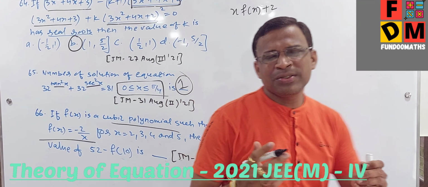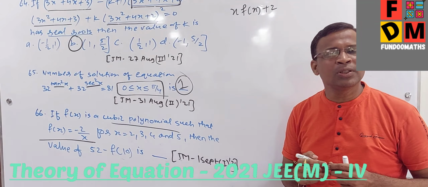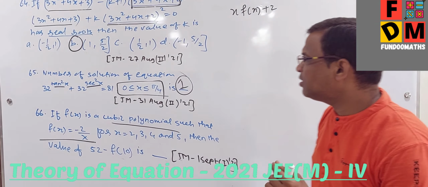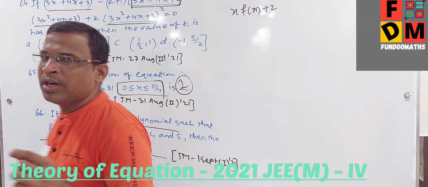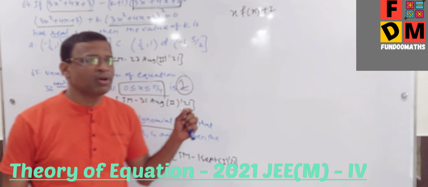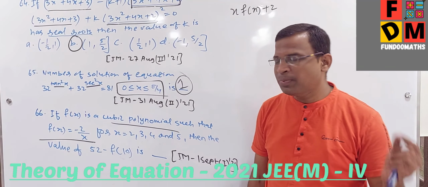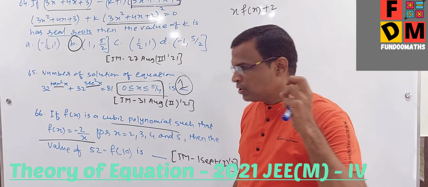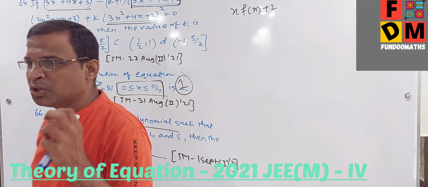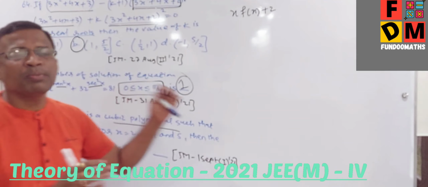See, just make up your 8, 9, 10 standard once again. Students, seriously, if you want to repeat mains or are an aspirant of 22, 23, you should cover your 8, 9, 10.